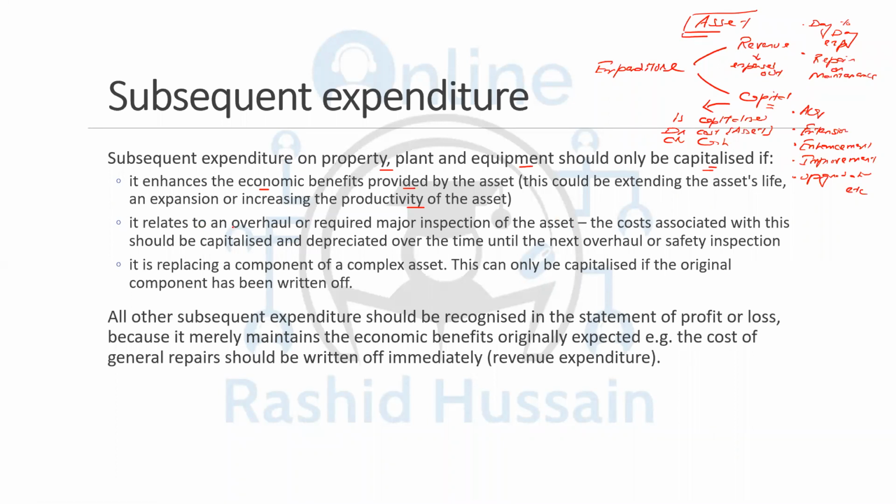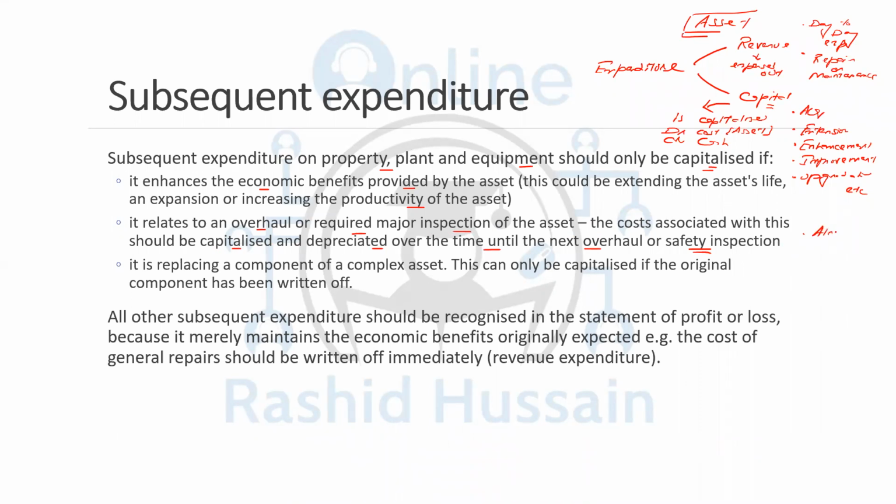Now, the second point is a very important point. It relates to an overhaul or required major inspection of the asset. The costs associated with this should be capitalized and depreciated over time until the next overhaul or safety inspection. Now, for example, you are having any asset. Let's assume you're having airplanes.